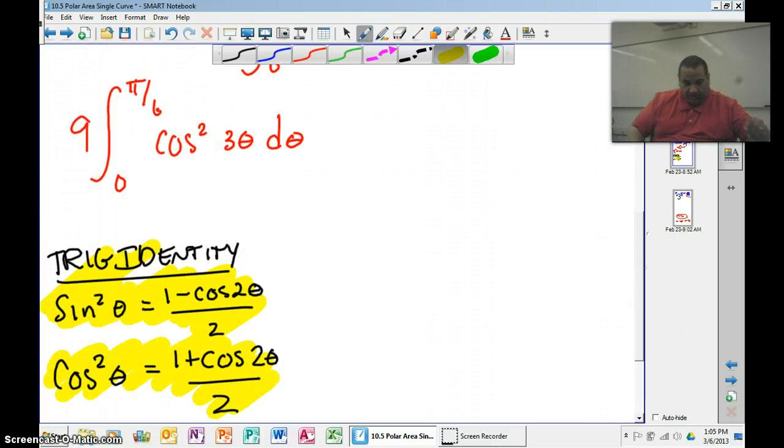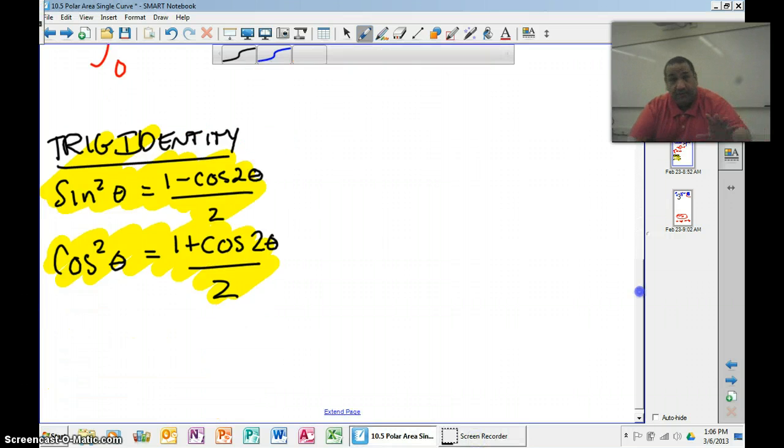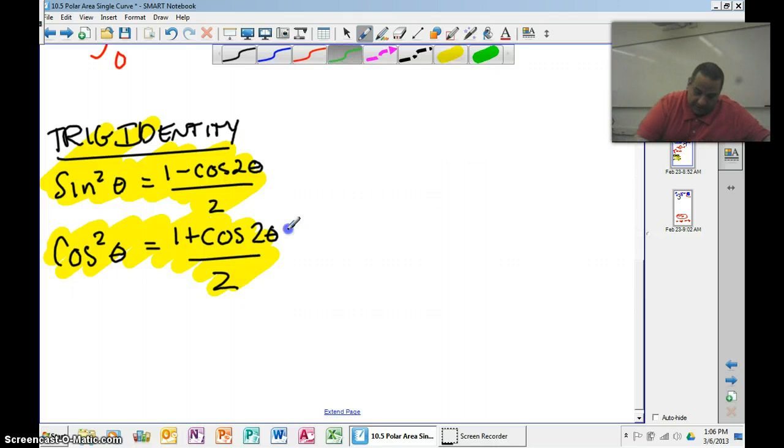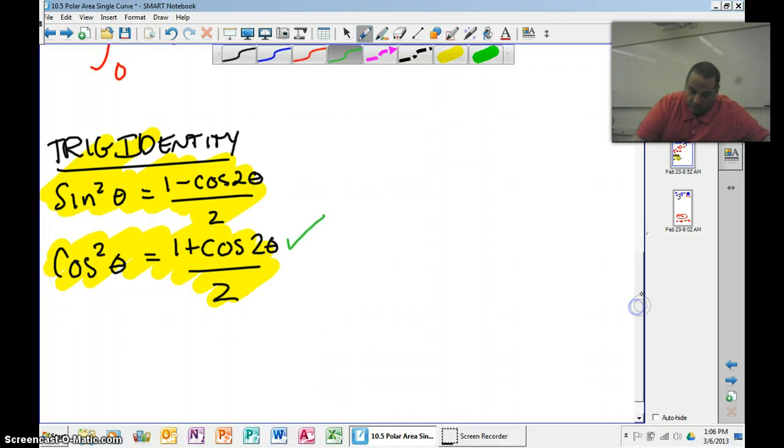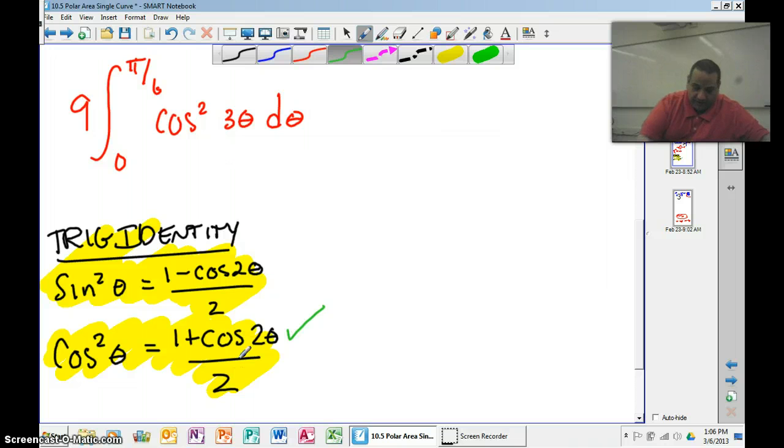All right? Well, in this case, I think, folks, this is the one we're looking at. We have cosine squared, and now we're looking at this one. By the way, if it was 3 theta, if I put a 3 here, the only thing that changes is it makes this boy 6.